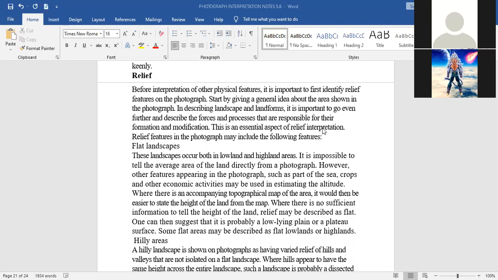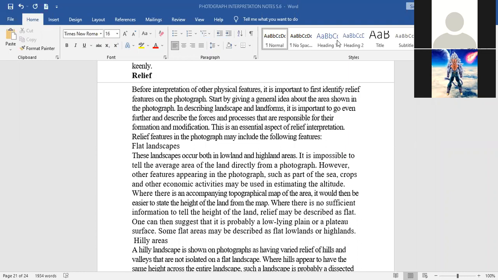He or she can be in an aircraft, but then tilts the camera and takes the photo of a given slope on the earth surface, and therefore the images will appear different from each other. And such a photograph, we refer to as an aerial oblique photograph.